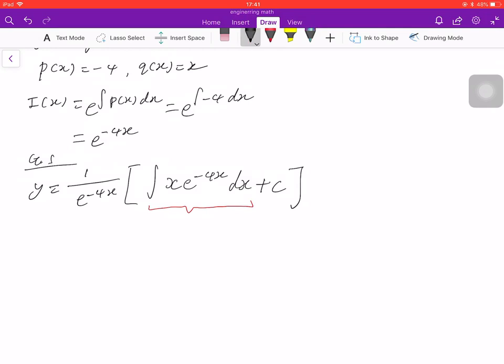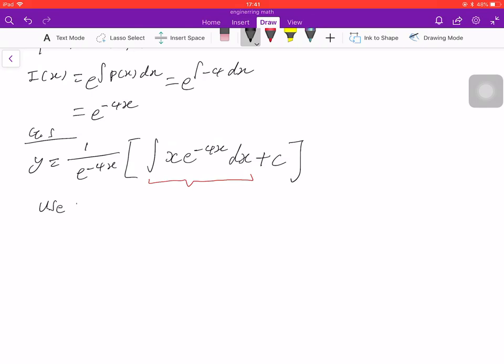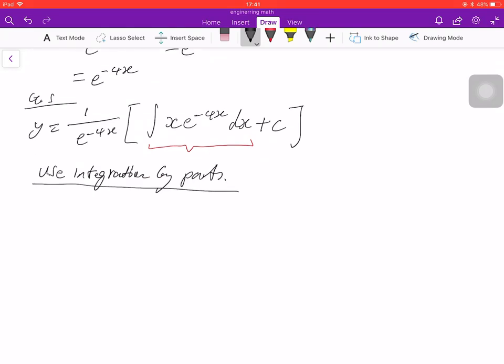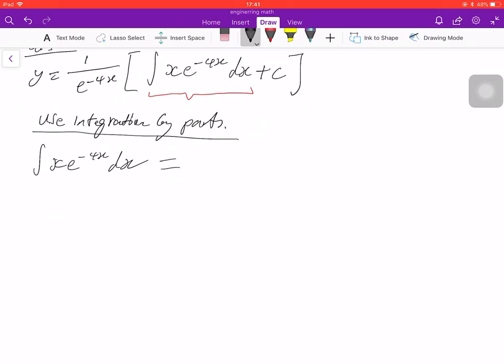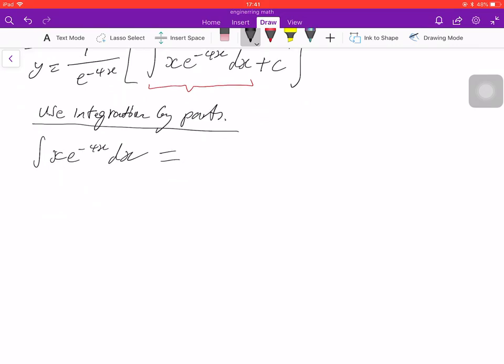To do this integration, we use integration by parts. That means we need to calculate u and v. We have to do the integration of x exponential of minus 4x dx. We let u equal to x, then du equal to dx.